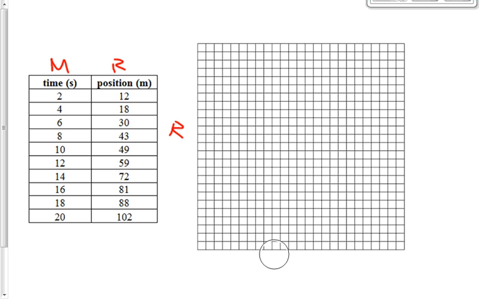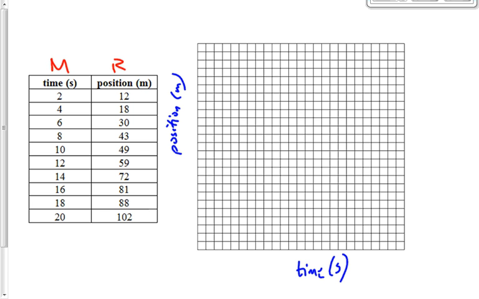So let's replace that now. Let's say on the x-axis we've got time, in seconds, and on the y-axis we've got position, in meters. Now we have to create nice even intervals for those variables on each of these axes. Time goes from 0 to 20.